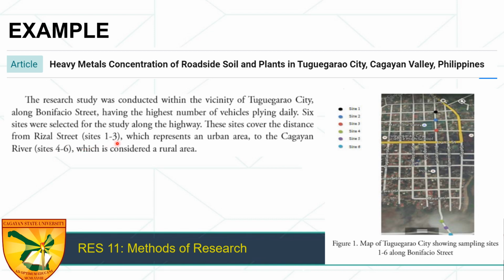We have sites 1 to 3, which represent an urban area, to the Cagayan River, sites 4 to 6, which is considered a rural area. This is the first part of the study site of this study. The second part here shows where I did the experiments for the study.